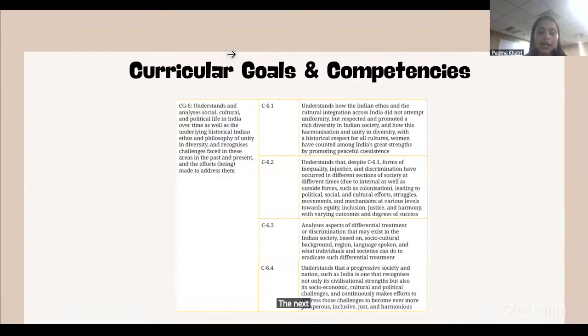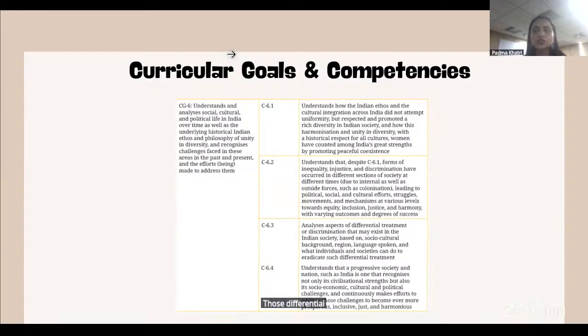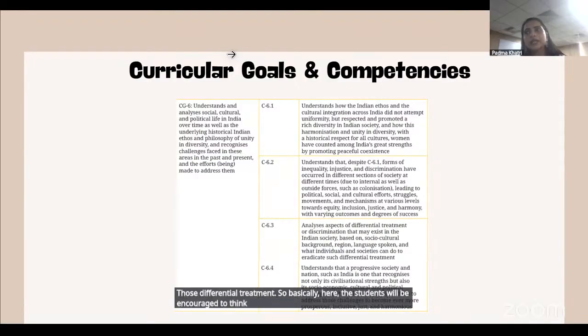The next one we have here is competency 6.3, analyzes aspects of different treatment or discrimination that may exist in Indian society based on socio-cultural background, region, language spoken, and what individuals and societies can do to eradicate those differential treatments. So basically here the students will be encouraged to think about ideas to overcome these differences.